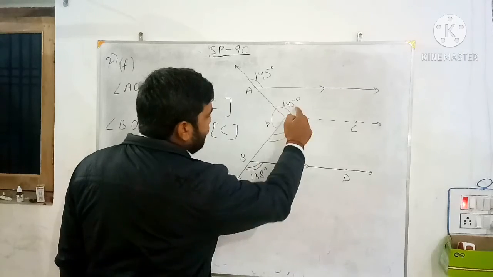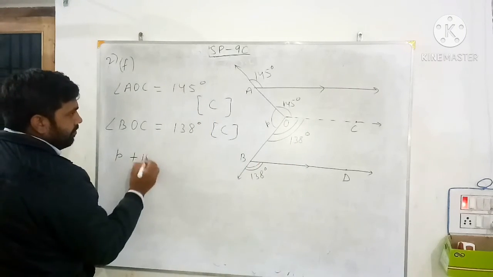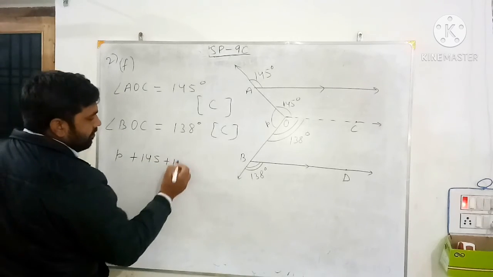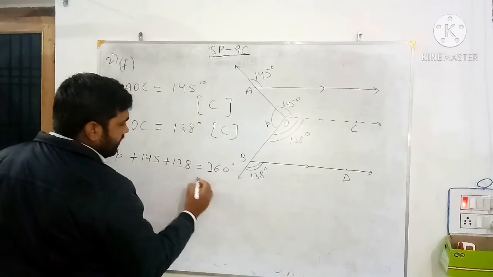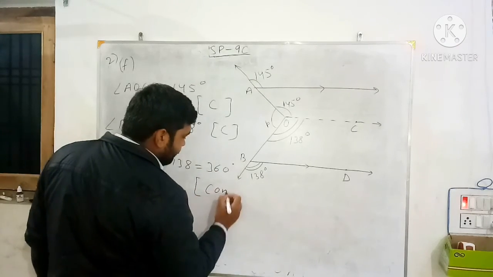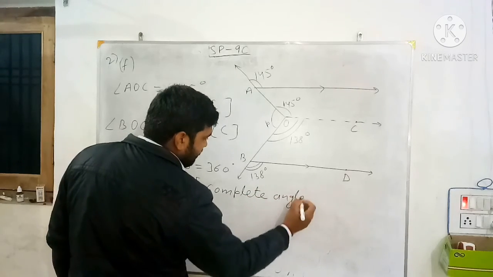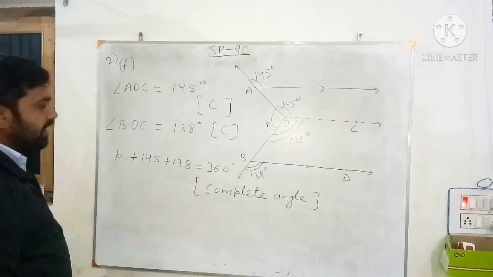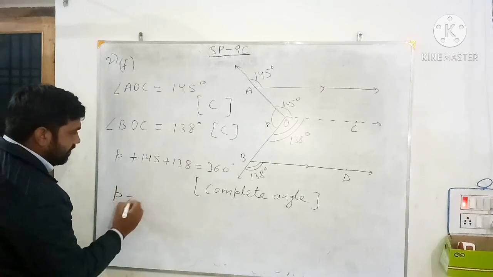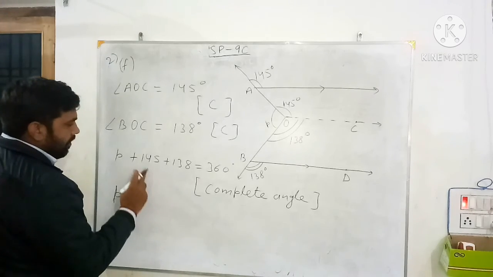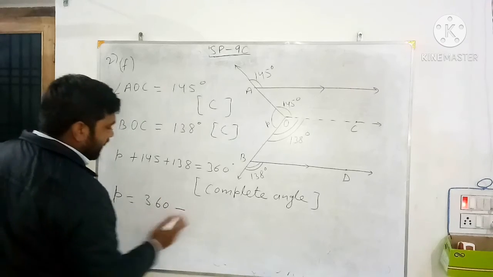Now see, this is a complete angle, the entire angle. So P plus 145 plus 138 equals 360. Now you write angle P plus 145 plus 138 is equal to 360 degrees. Reason: complete angle. A complete angle always sums to 360 degrees. Now angle P will be what? 360 minus the sum of these two angles.